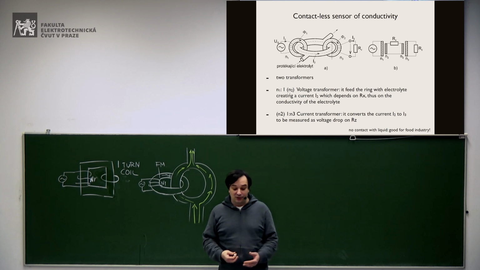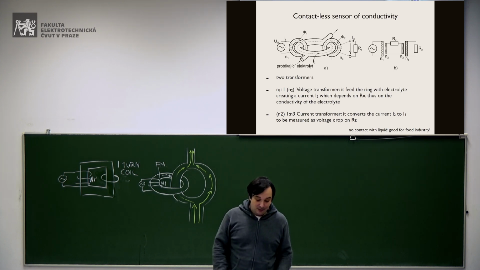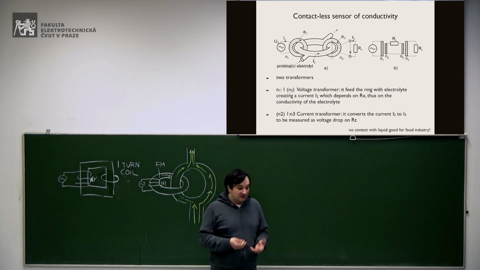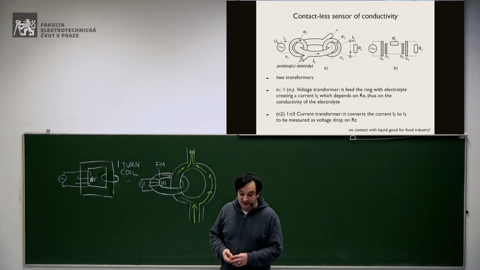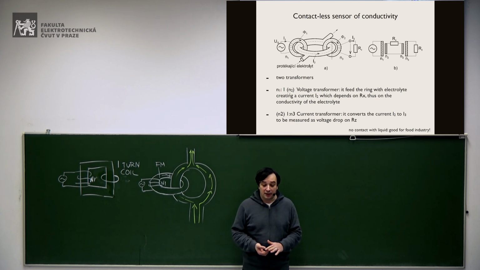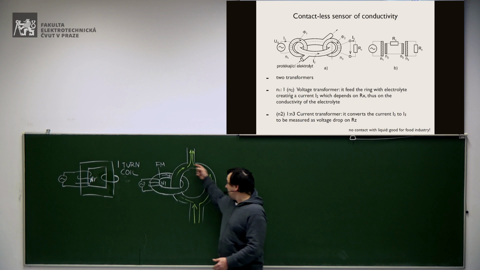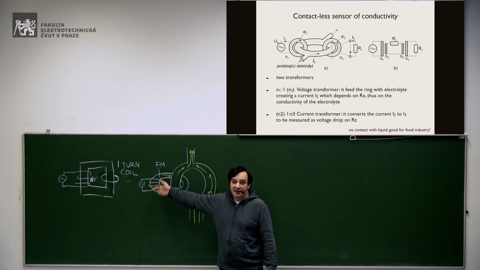Now, what is the current which flows there? It depends on the resistance of the electrolyte, okay? So you will have a current in this ring if everything else is constant.